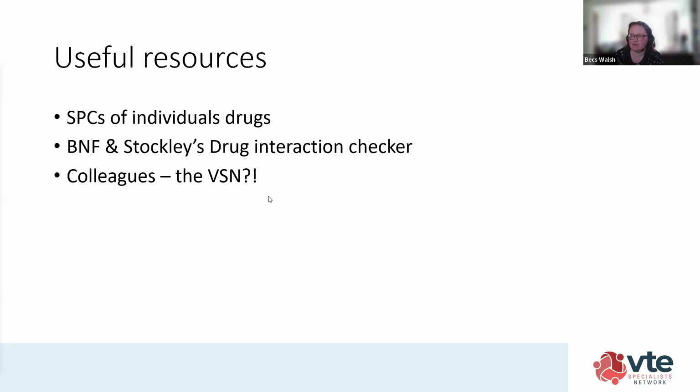In terms of useful resources, SPCs can be helpful. Interaction checkers like the BNF and Stockley's drug interactions checker, which you might need to access via your medicines information department. The VSN is full of people with real life experience on using DOACs, on thromboprophylaxis, on challenges from patient safety changes.